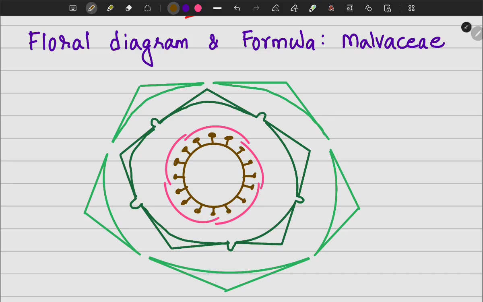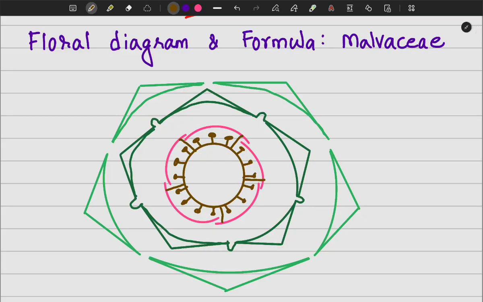And they are epipetalous, right? That means they are fused with the petals. So we will show the fusion like this. We will connect the center of the circle of the stamens to the end of the petals like this. So this makes the epipetalous stamens, which are multiple in number.